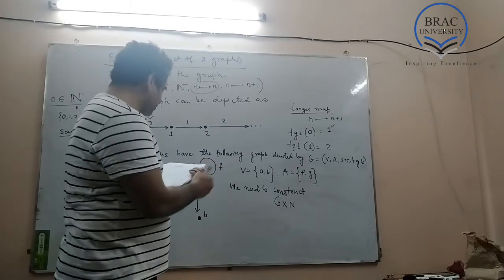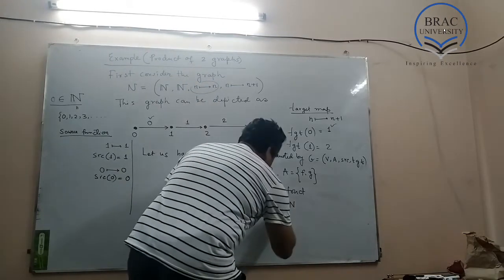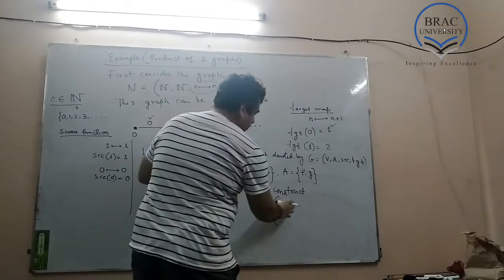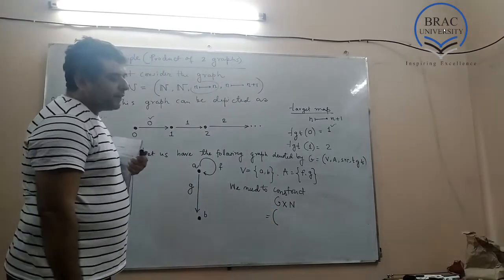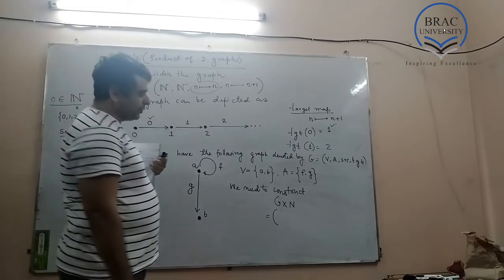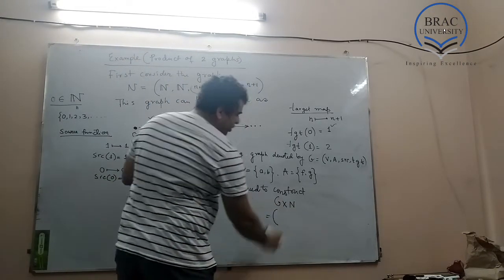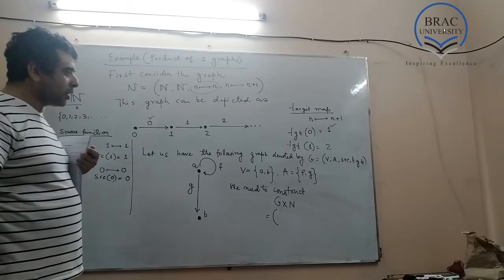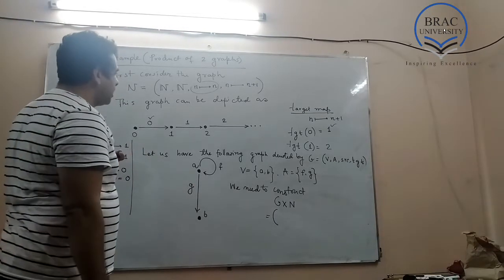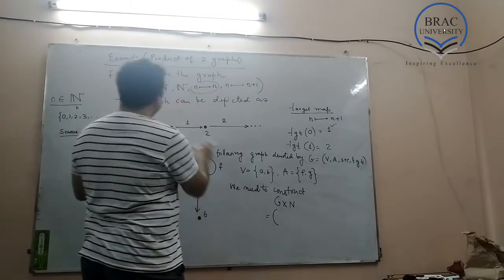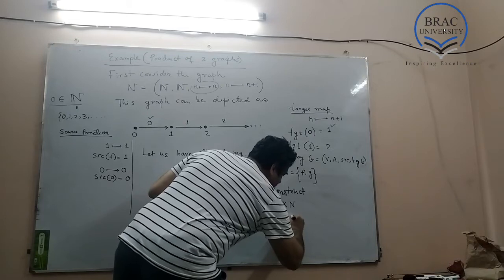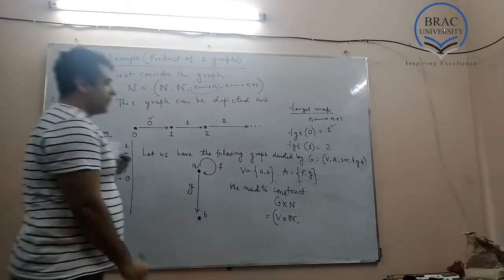So how do we do? So this is going to be a quadruple again. The set of vertices for this product graph is going to be the Cartesian product of the two sets V and N. So the Cartesian product of the two sets of vertices.